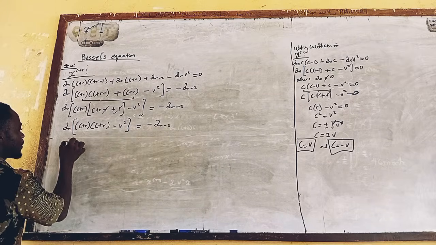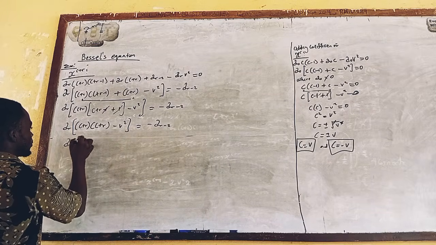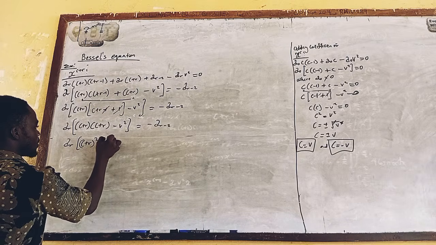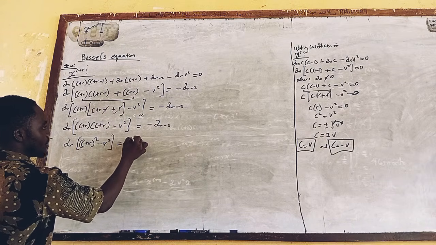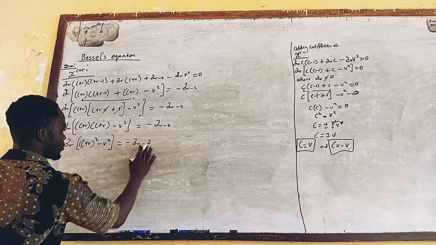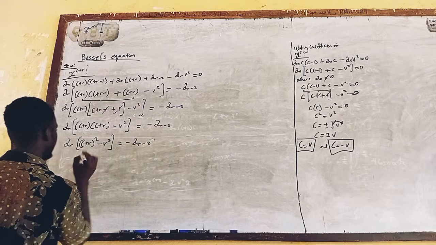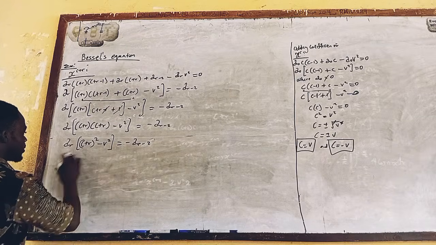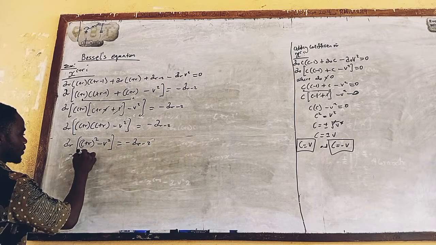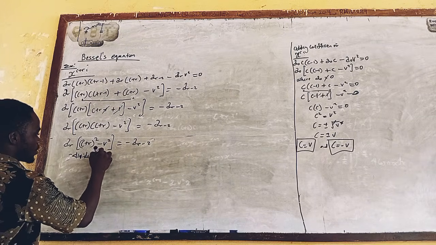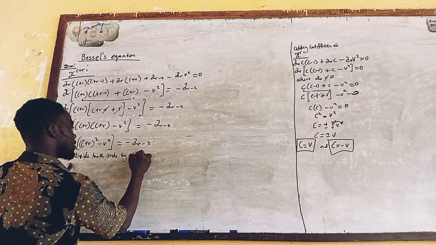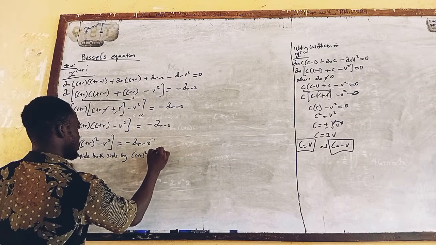So we're going to have a r times c plus r square minus v square equals minus a r minus 2. Divide both sides by c plus r square minus v square.